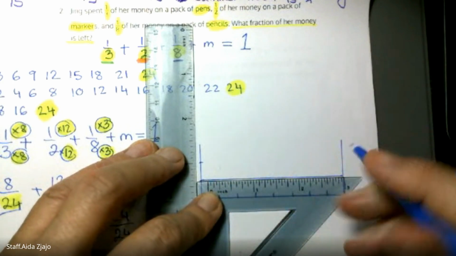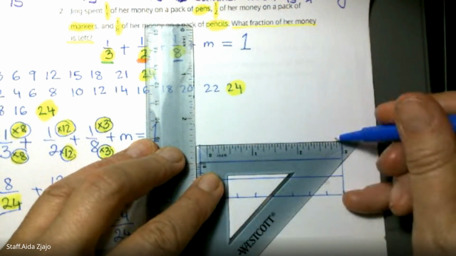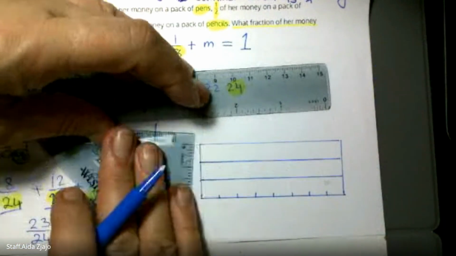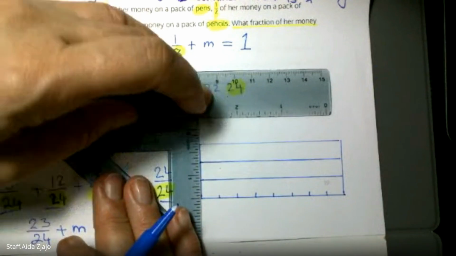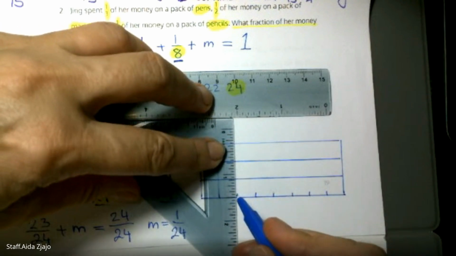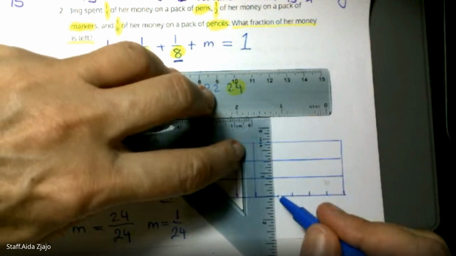So if these are the thirds, and then the eighths, 3 times 8 is 24. So we will have all her money in groups of 1/24.